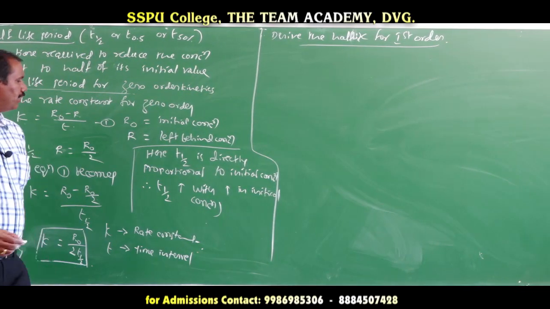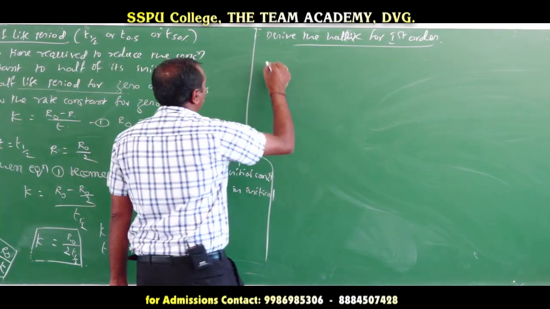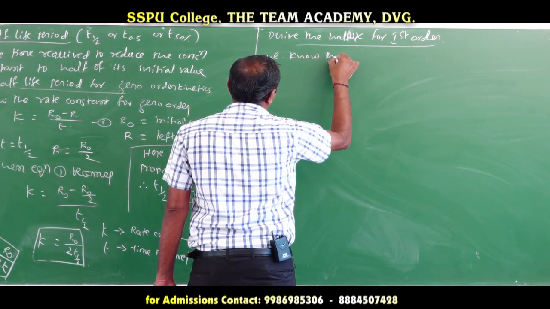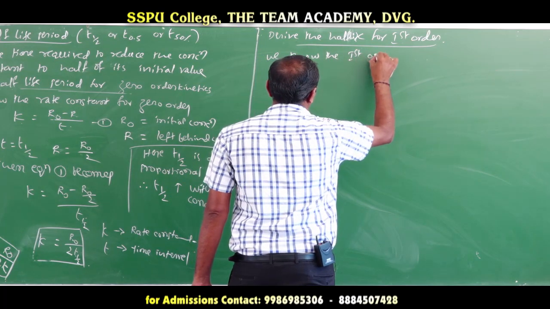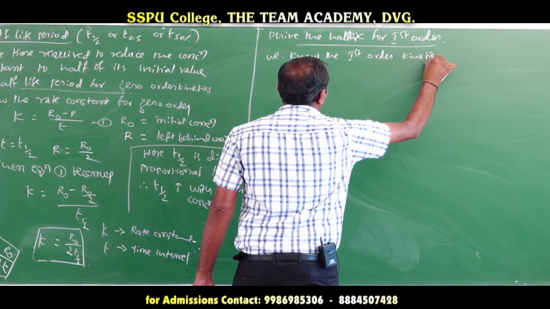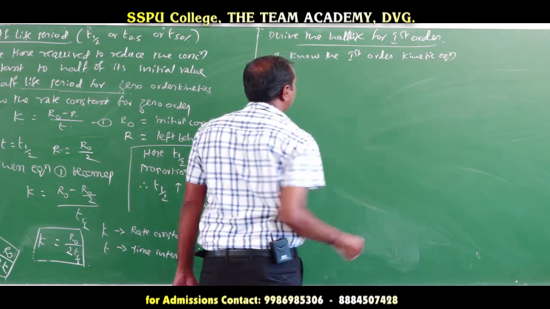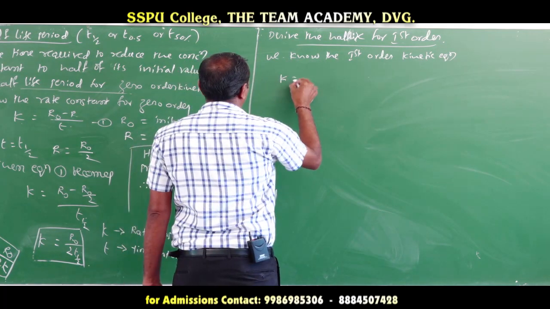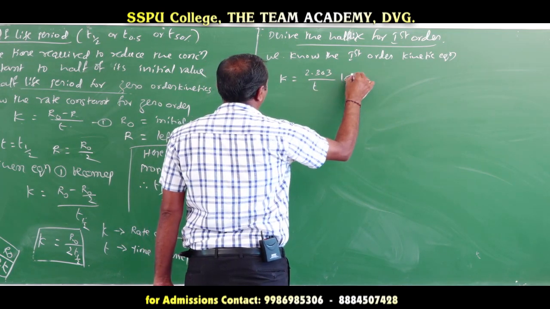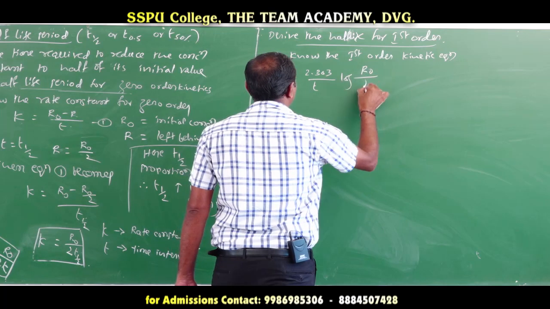The half-life for first order kinetics: we know the first order kinetic equation, that is k equals 2.303 by t into log of R naught by R.